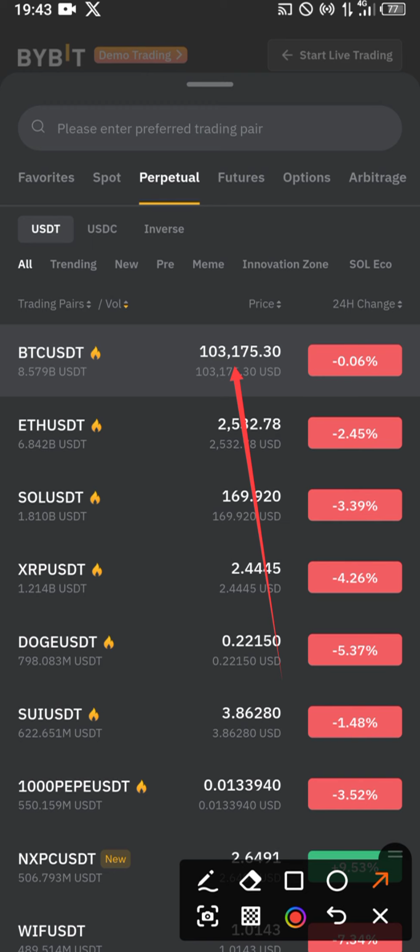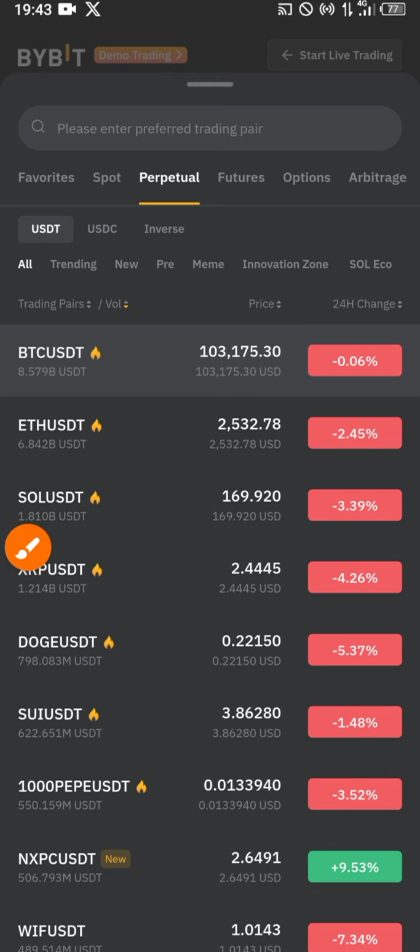So one BTC will cost 103,175.00. And in the last 24 hours, it has reduced by 0.06%, right? This 24 hours right here.